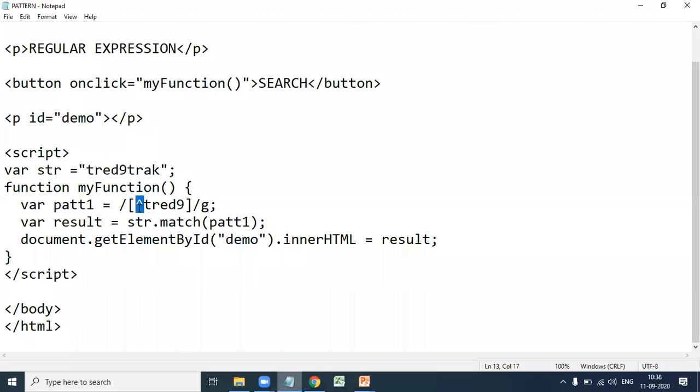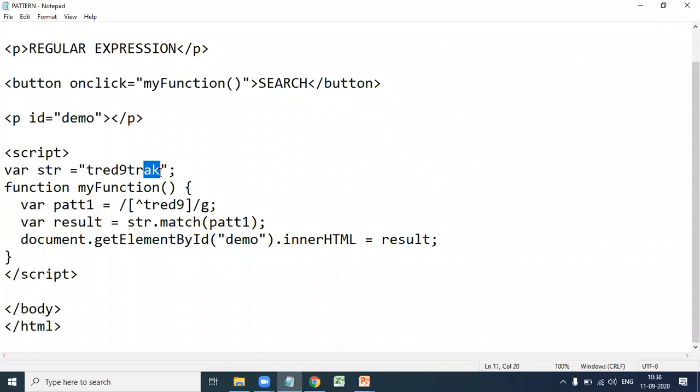See here, it negates the expression TRE9. That means it takes all the remaining characters except these characters. TR is also negated.